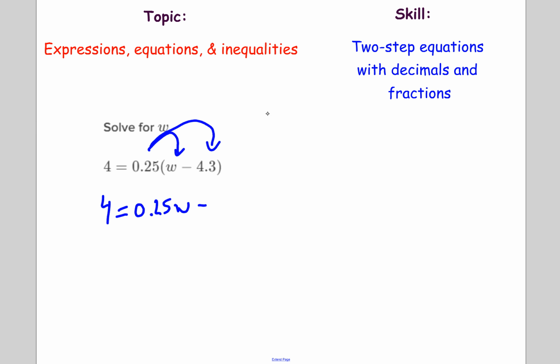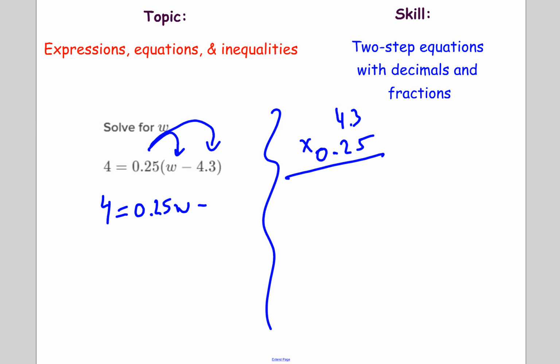And guess what, folks? I'm going to need to do my scrap work on the side. So I have 0.25 times 4.3. Now, students, you don't need to line up decimal places when you're multiplying decimals. You just need to count at the end how many decimal places you have.